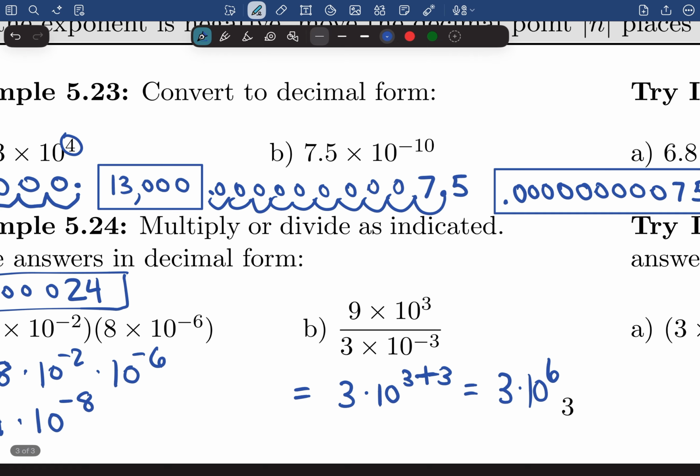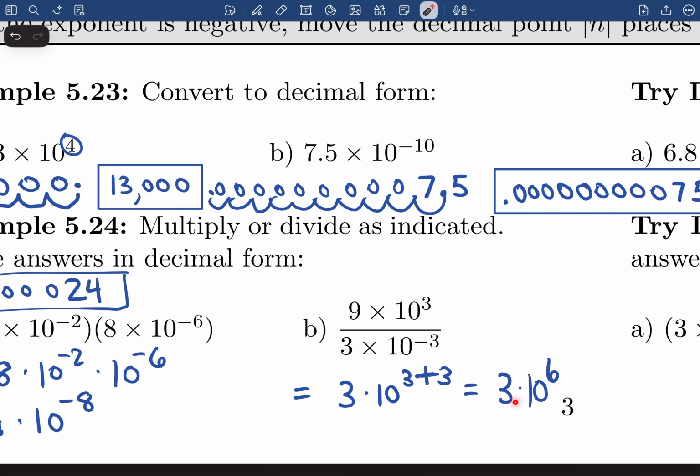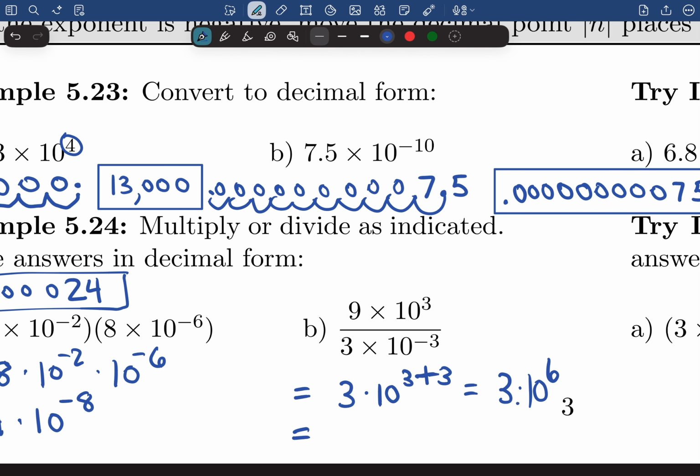Now, we need to move the decimal, right, which is currently right here. It's like 3.0 times 10 to the 6th. We need to move the decimal 6 places to the right, because this is a bigger number than 3. So I take that 3 point and I move it 1, 2, 3, 4, 5, 6 places to the right, and I fill in all the zeros like that.